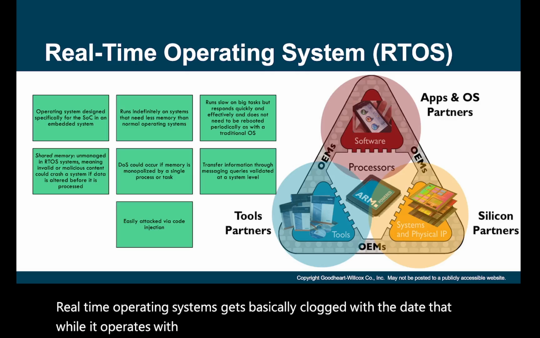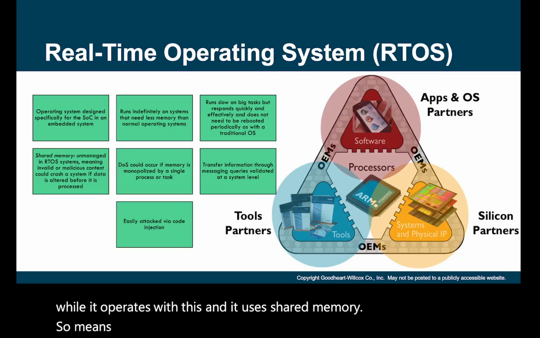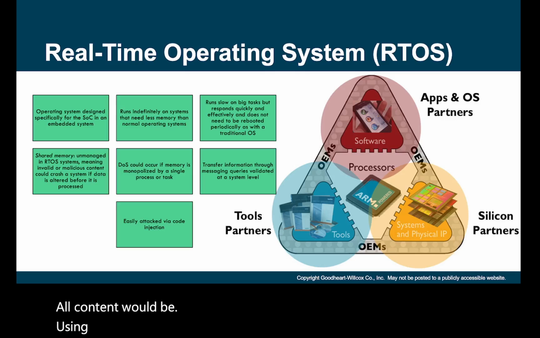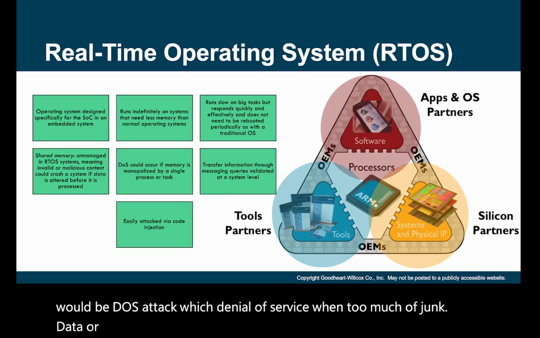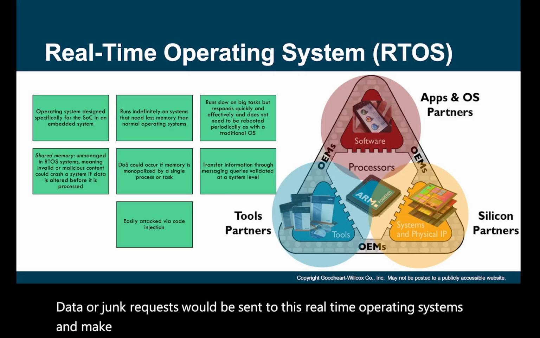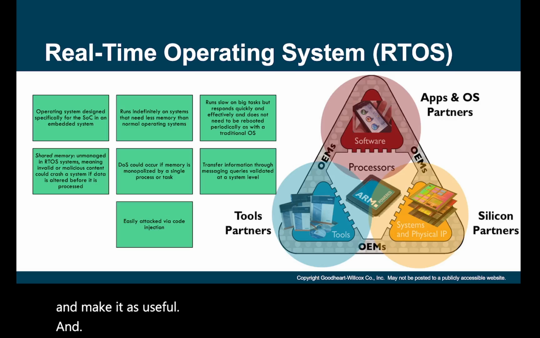And it uses shared memory, which means all content would be using the memory, and if there is some malicious content, it basically would be a DoS attack, denial of service, when too much junk data or junk requests are sent to this real-time operating system and make it unusable. And it works by transferring messages as queries on a system level.